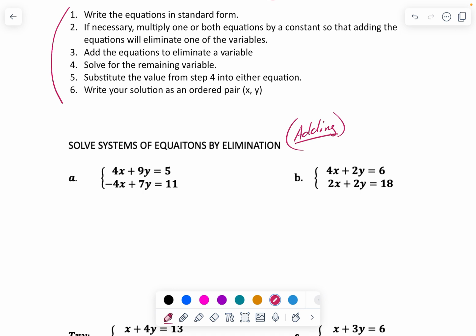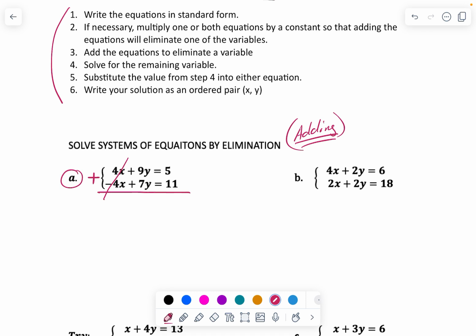What we want to happen on this first one is that when we add these equations together, one of the variables eliminates. Notice here, if we add these two equations together right now, see how the x terms would cancel out, because 4x minus 4x is 0. So that's exactly what we want to happen.